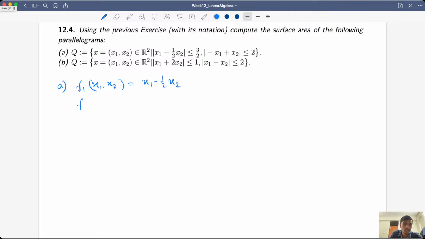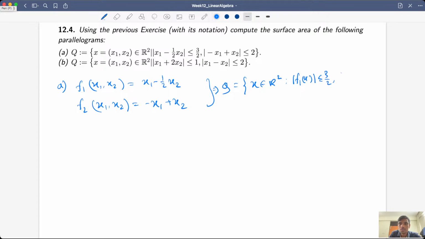Similarly, if I define f2(x1, x2) as minus x1 plus x2, then the first Q is nothing but all x belonging to R2 such that |f1(x)| is less than or equal to 3 by 2 and |f2(x)| is less than or equal to 2. So here C1 is 3 by 2, C2 is 2.